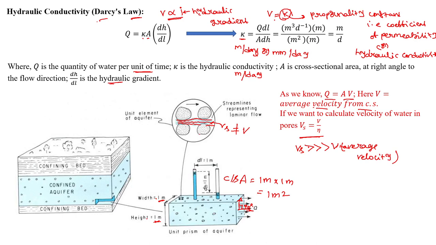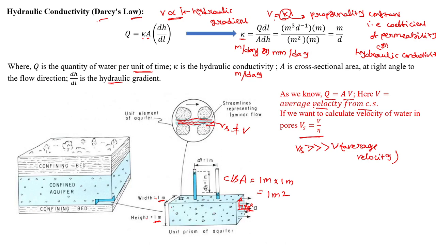Since the flow is steady state, this Vs will be much higher. The computation of Vs is necessary to understand contamination transport, solute transport and other things. We can see in the next slides why we have calculated Vs.